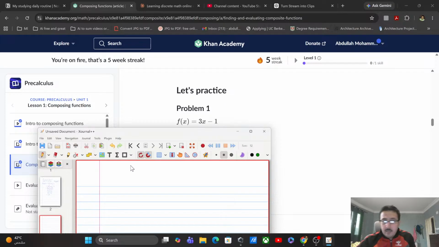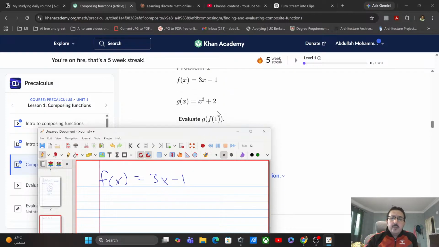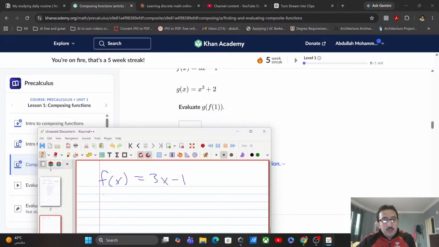So I got f(x) equals 3x minus 1. Get g(x) equals x cubed plus 2. And I get g of f of 1.